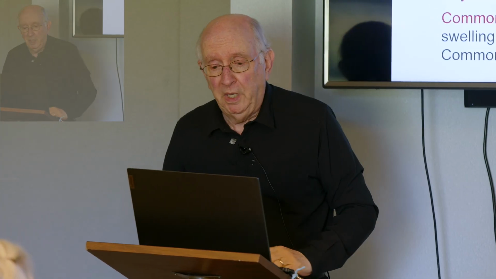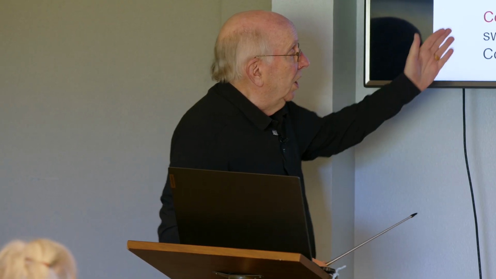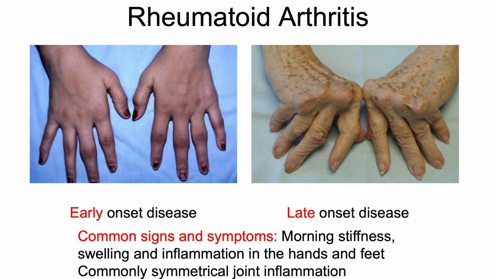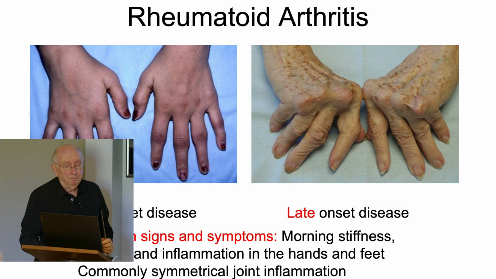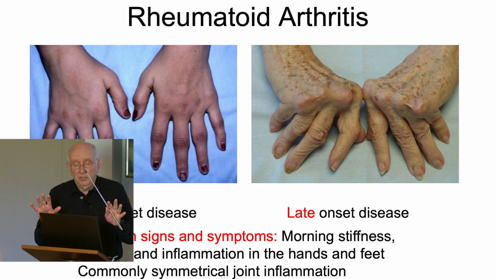I remember this patient very, very well, had very advanced disease and had a lot of complications of her rheumatoid arthritis. So the common signs and symptoms are morning stiffness, swelling and inflammation of the hands and feet, and commonly and very remarkably, the disease tends to be symmetrical. So you tend to get the right and the left hands looking the same.